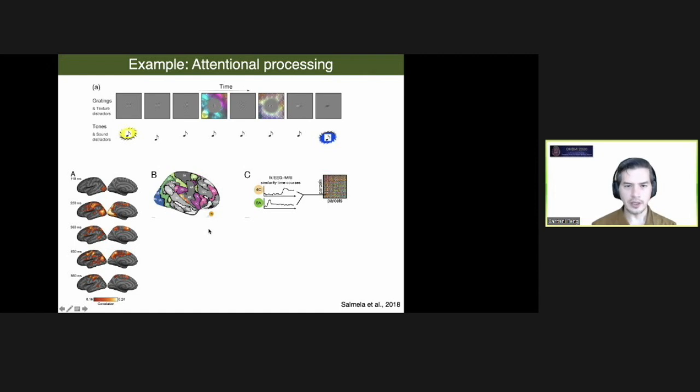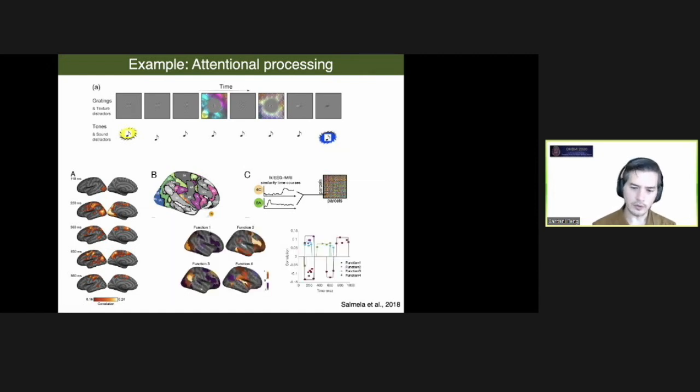And the spatiotemporal dynamics of these networks were described by these four functions, which are interpreted by the authors as spatiotemporal components of attention, right? So you can see these large scale stimulus independent or dependent global dynamics of attention networks that you can unpack with the fusion method.